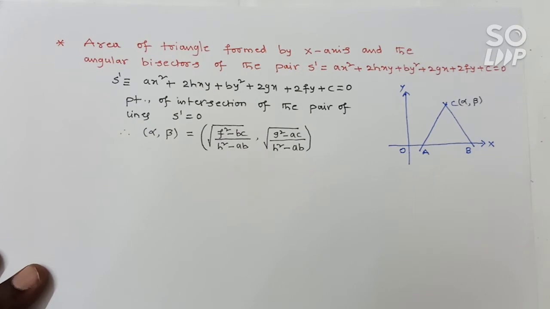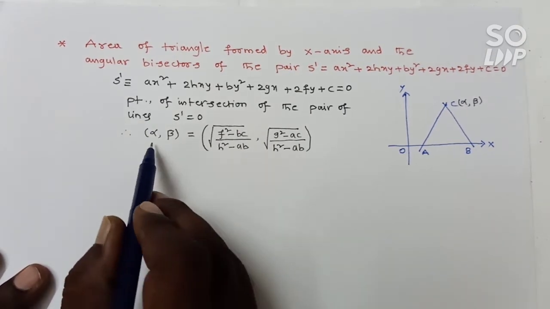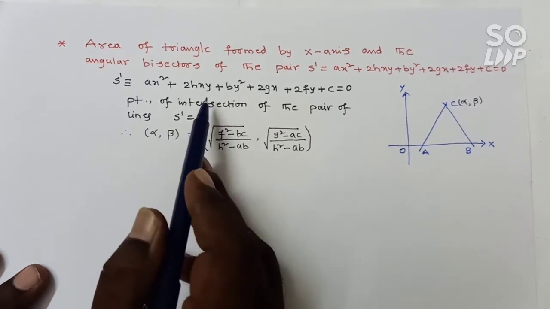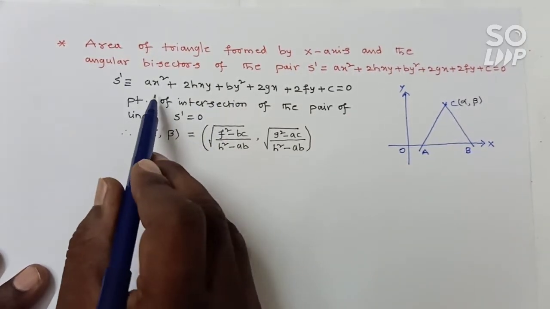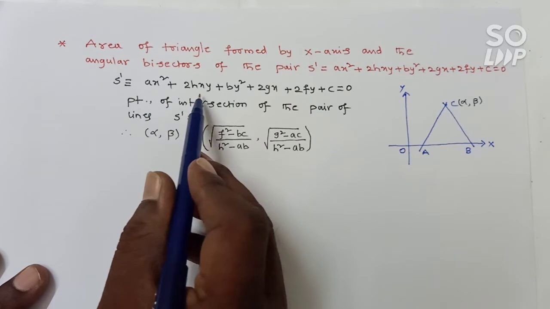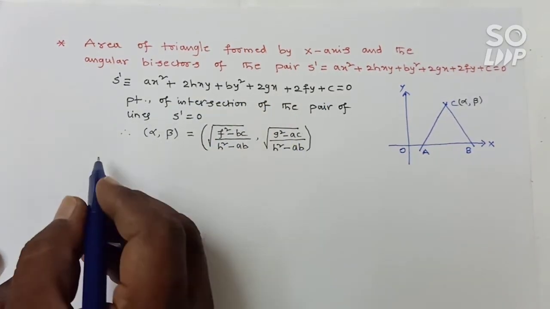Next, you recall that after taking the point of intersection of the pair of lines, what will be the pair of angular bisectors of this equation?